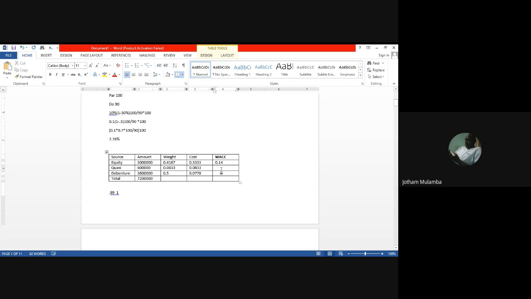We'll move on to the second one. 0.0833 times 0.0833. This one was more or less the same; the weight and cost are the same.